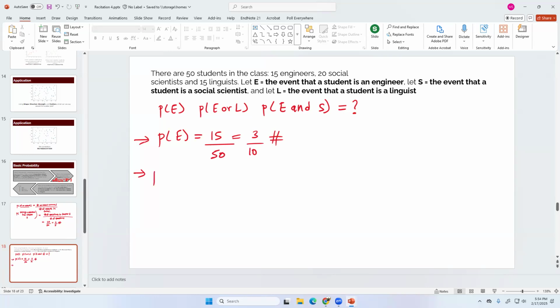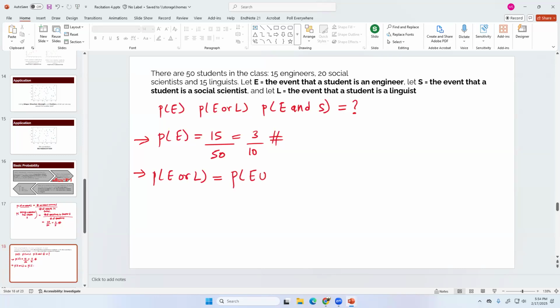What is the second one? E or L? What does OR mean here in terms of event operations? Union or intersection? Union, right?